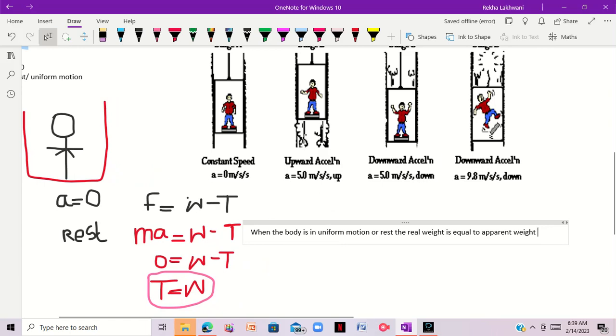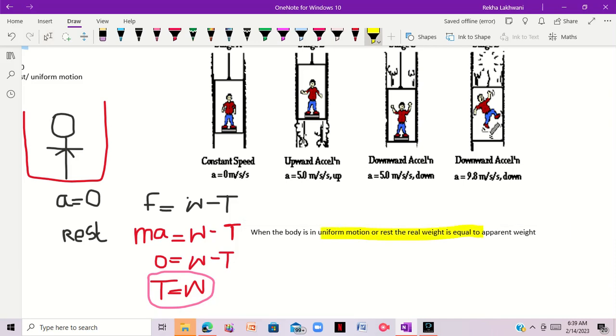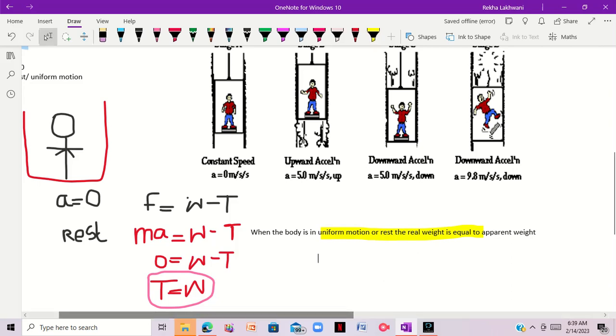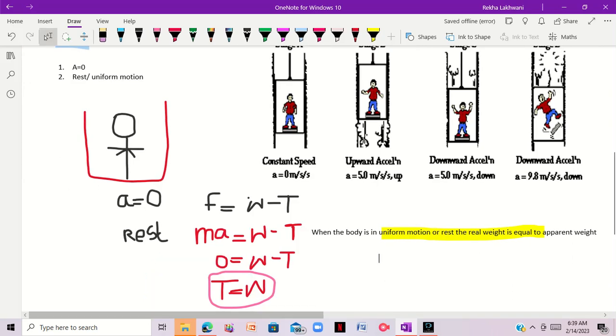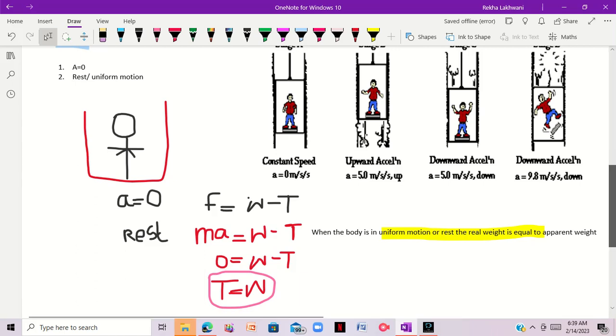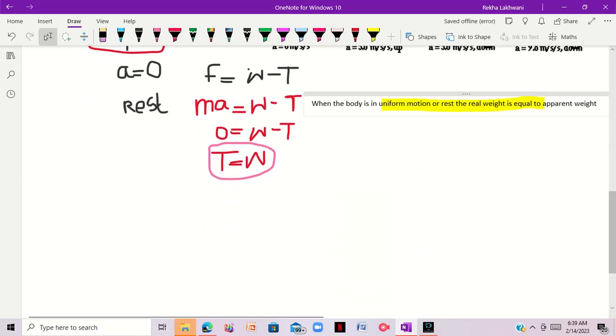So when the body is in uniform motion or rest, the real weight is equal to the apparent weight. So I hope this is clear to you. Now let's look into the second case.